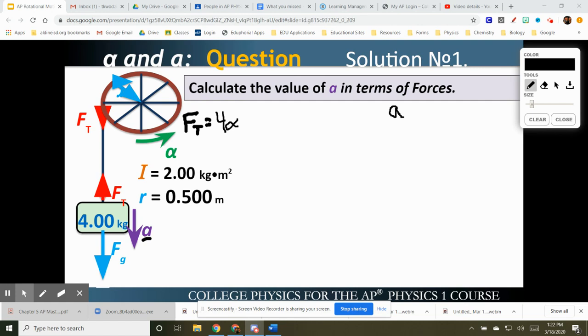Yeah, Gabriel, we can use that one later, but we don't have a number for angular acceleration, so we can't solve for A that way.